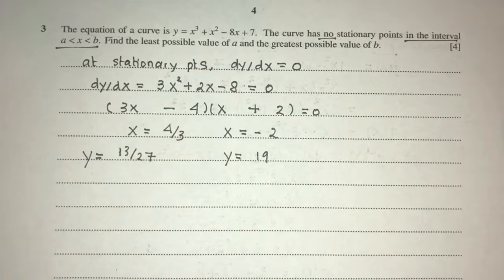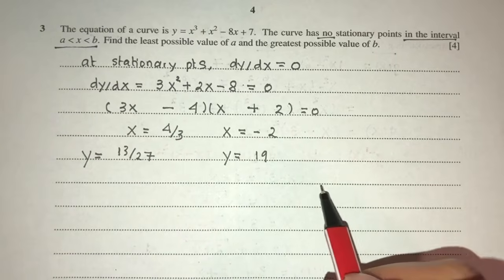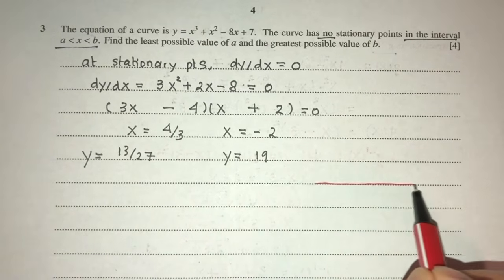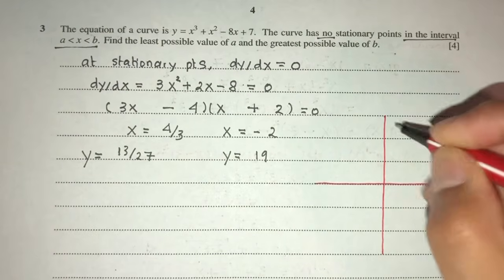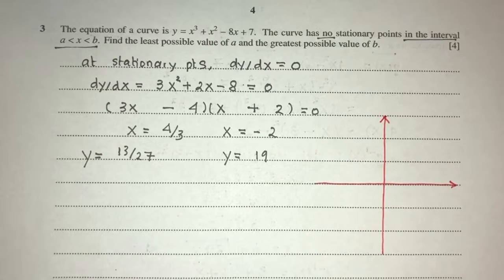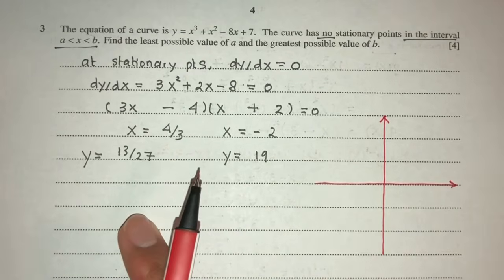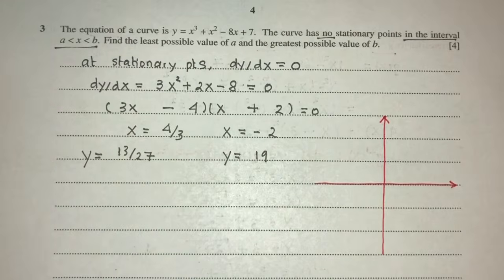Okay, so let's make a drawing to see what's happening. Basically here you have your x-axis and here you have your y-axis. It seems these two are both positive, which is not usually possible, because one has to go below and one has to go up.